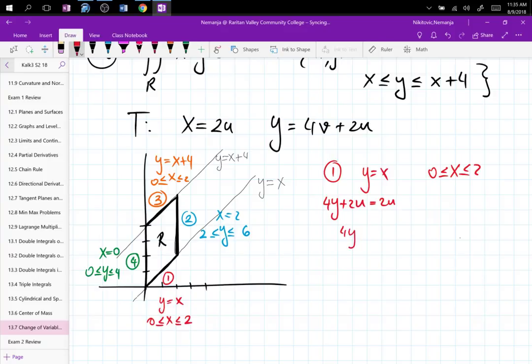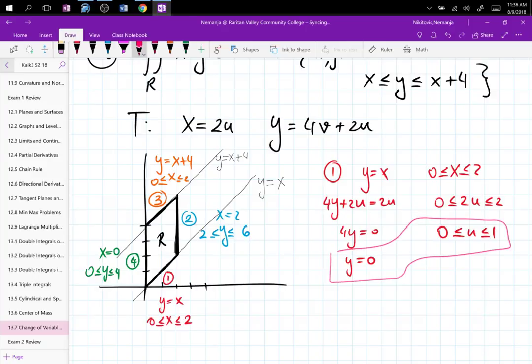Well, that's 4v equals 0, v equals 0. On the right hand side, x is 2u, so 0 less than or equal to 2u, less than or equal to 2. Divide by 2 everywhere, 0 less than u less than 1. Here's the first set of equations.